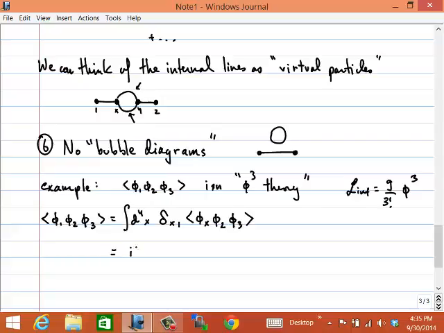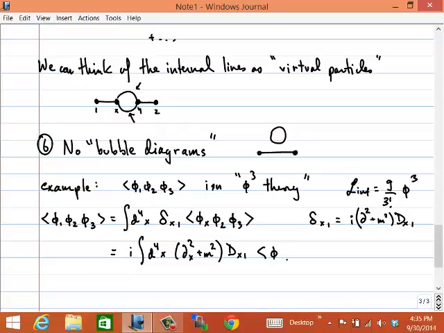Now I can use the fact that our free Feynman propagator is just the Green's function for the Klein-Gordon operator to write this as i times the integral d4x of (del_x squared plus m squared) acting on the propagator, times this 3-point function.